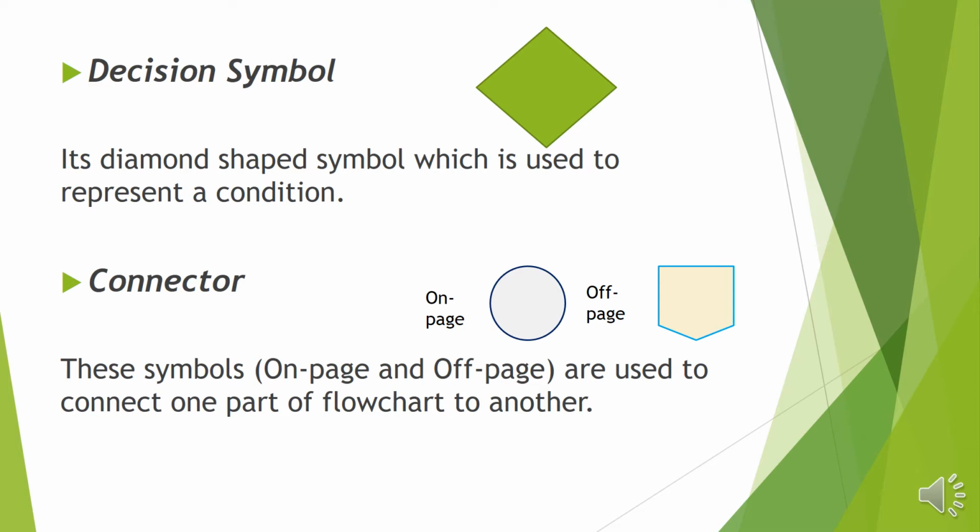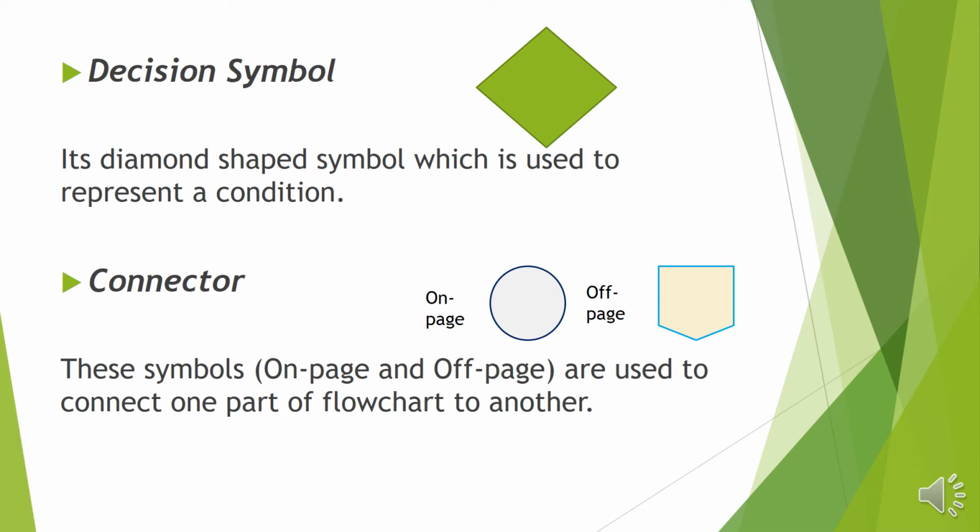The decision symbol is a diamond-shaped symbol which represents a decision in a flowchart, and it contains a condition. If the condition is true, the path marked yes is to be followed. If the condition is false, the path marked no is to be followed.